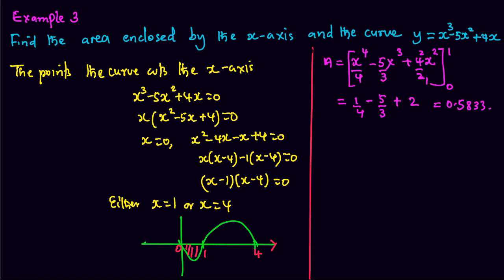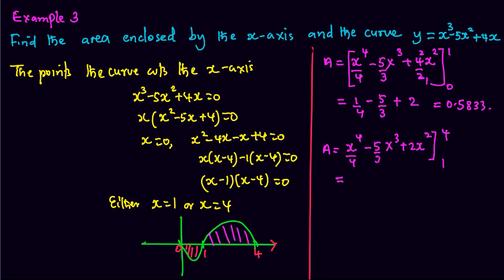For the second part, the area ranges between 1 to 4. So area is equal to x raised to power 4 over 4 minus 5 over 3 x cubed plus 2x squared between 1 to 4.